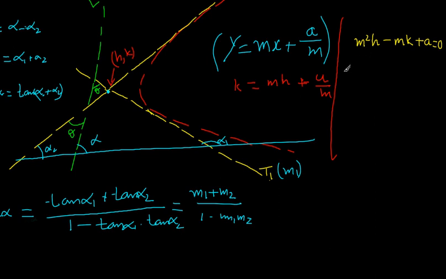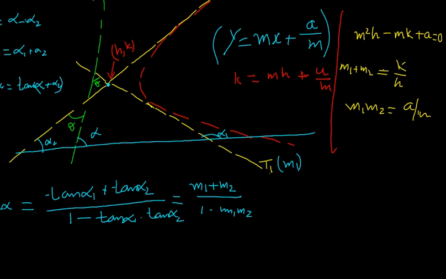The quadratic equation should be m square h minus mk plus a is equal to 0. Then you have two values, m1 and m2, so m1 plus m2 should be equal to k by h, and m1 m2 should be equal to a by h. You put these two values, m1 plus m2 and m1 m2, in this equation.